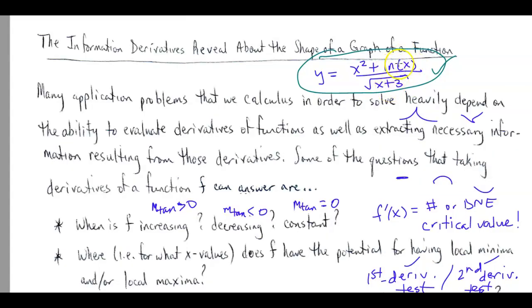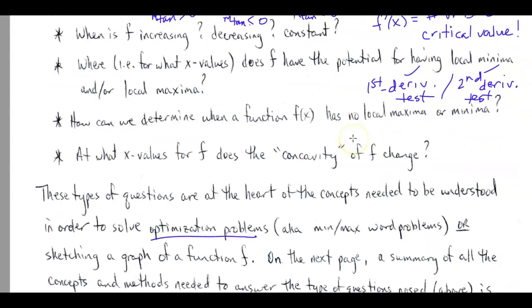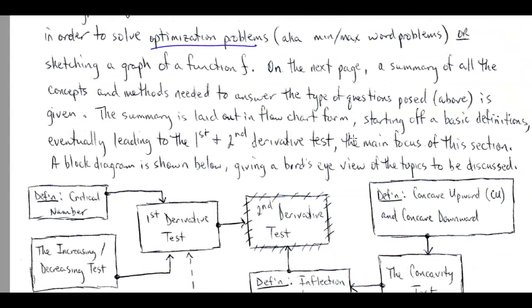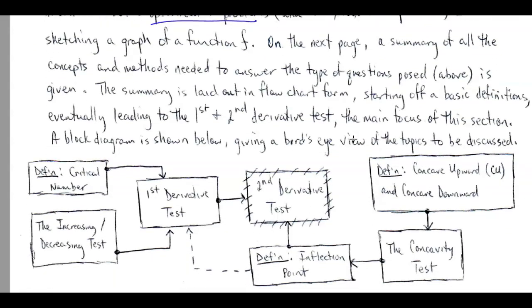We won't actually do this one because it's a pain, since I just made it up. But I'll give you some simpler examples so you can get a feel for it. Right now I'm going to show you this block diagram.